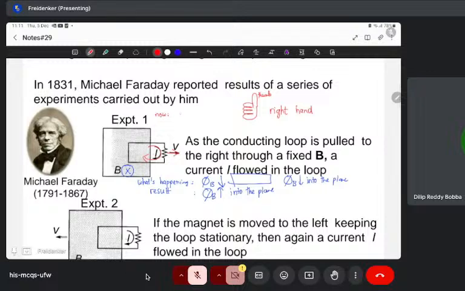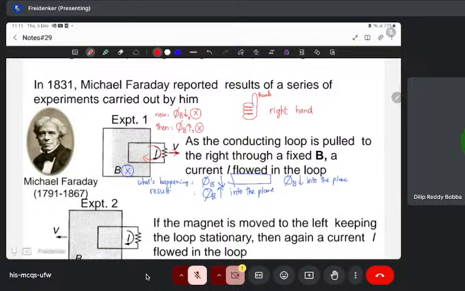Flux is decreasing, in which direction? Into the plane. So the loop will try to increase the magnetic flux in this direction, into the plane.